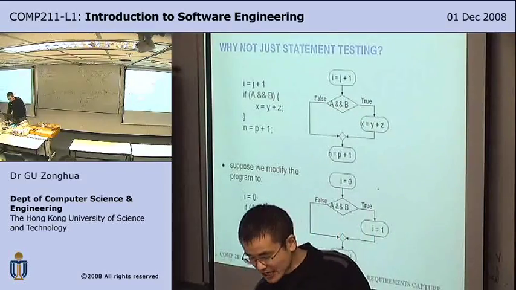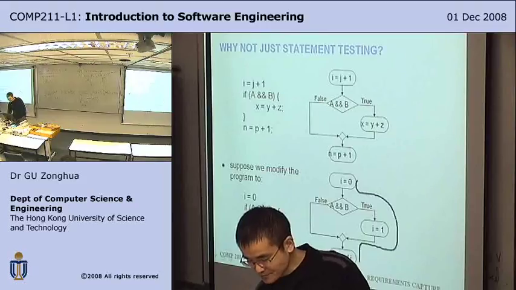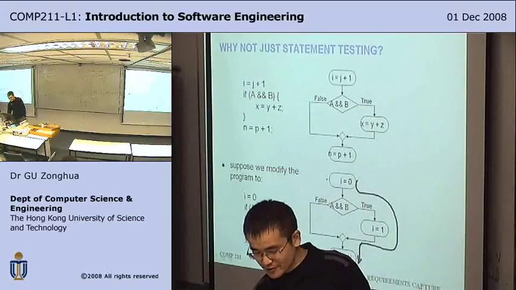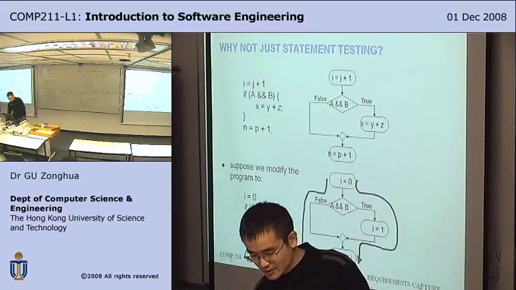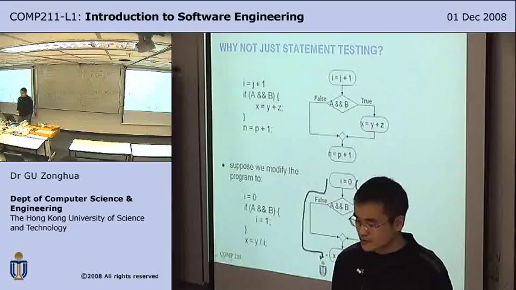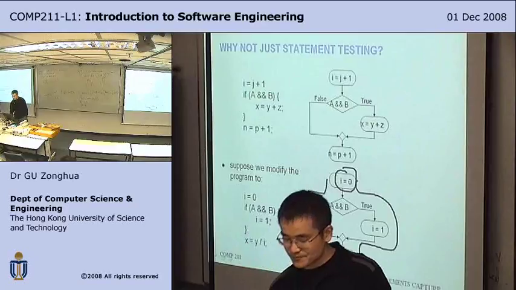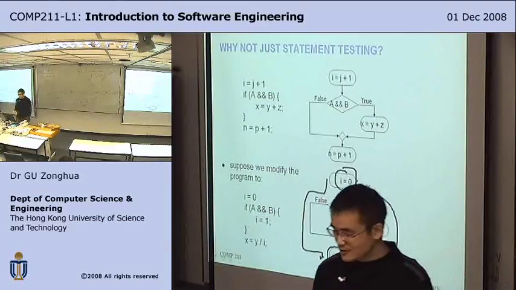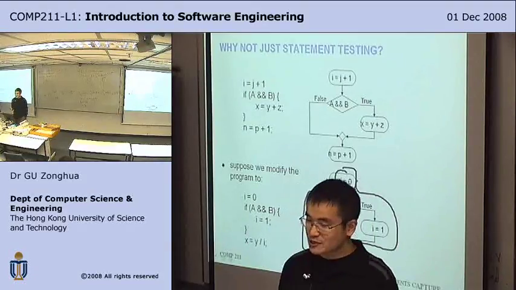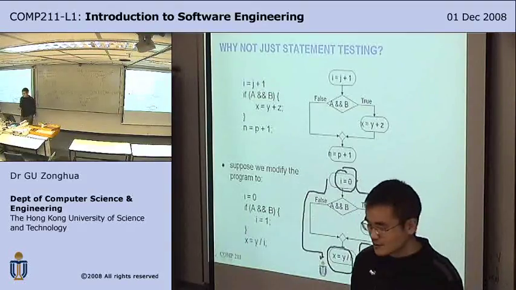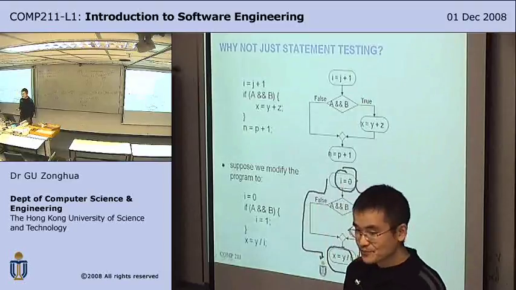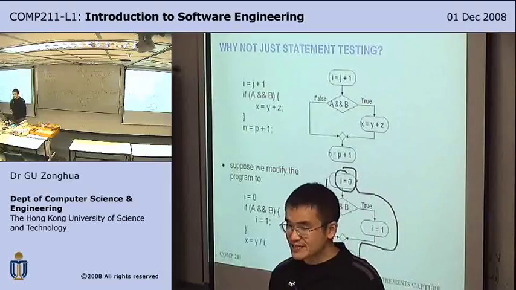For this one, if you take the right branch, it's fine, but if you take the left branch, there's a divide by 0 error, because I is 0 and x equals y divided by I. Therefore, if you take the right branch, you have covered 4 statements, but that's not enough. You need to cover both branches as well.